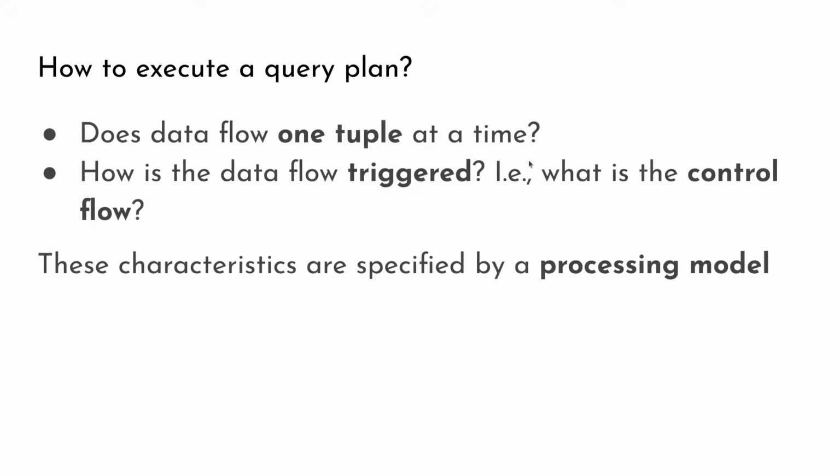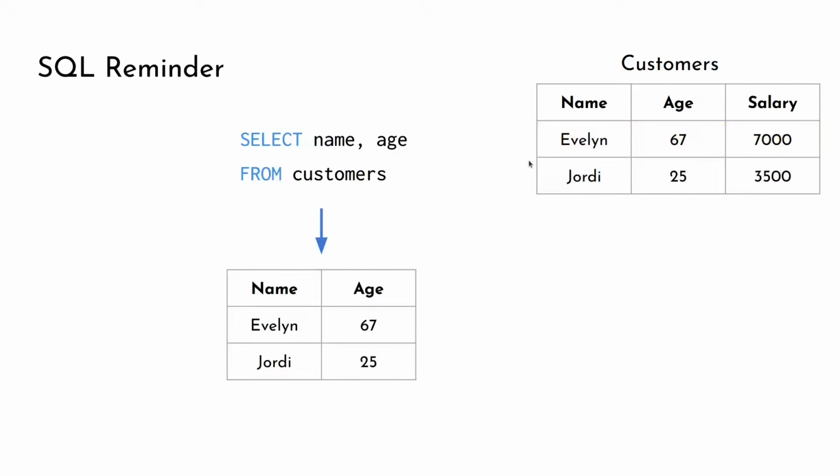Oh, by the way, I'm probably going to be using the word tuple a lot. A tuple is just, well, you can think of it as a row, but usually a tuple is a more generic term which encompasses subsets of rows. So for example, what you return here is tuples that only have the name and age. The original rows have name, age, salary, but we only return tuples that have name and age.